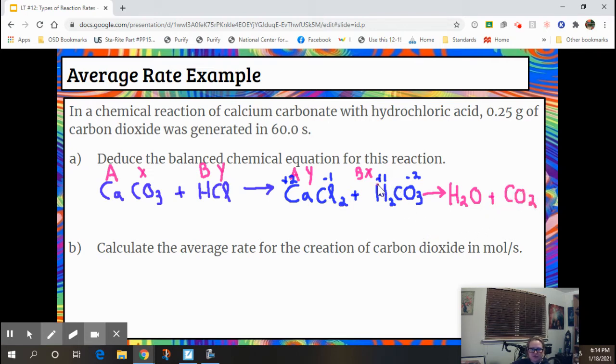And I'm just going to cancel this out because these two are my new products. Double checking to balance, I got 1 calcium, 1 calcium, 1 carbonate. Remember, that's in parentheses. It doesn't have to be, but it helps remind you it's polyatomic. 1 carbonate, which has 3 oxygens. 1, 2, 3 oxygens. 1 carbon, 1 carbon.